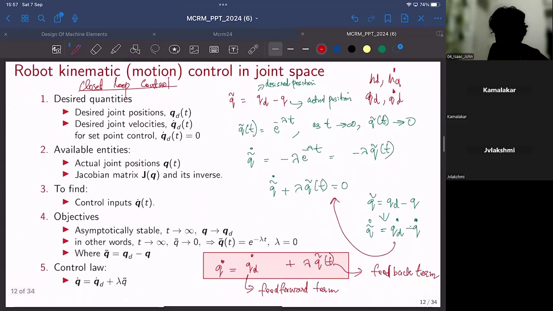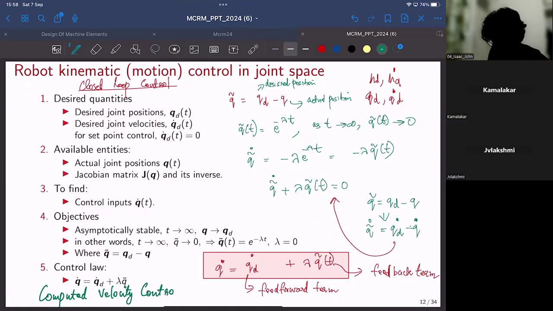And the second scheme we call a closed loop scheme. There is also another name for this scheme. It's called the computed velocity control. This is a closed loop.